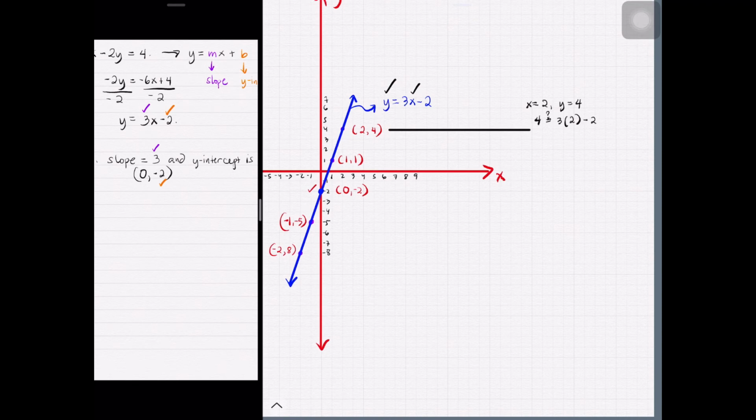So we have 3 times 2 minus 2, giving us 4 for the right side and 4 as well at the left side. Similarly, if you want to verify the point (1, 1), x here is equal to 1 and y is equal to 1. Substituting these values, we'll have 1 equals 3 times 1 minus 2. We have 1 is indeed equal to 1.